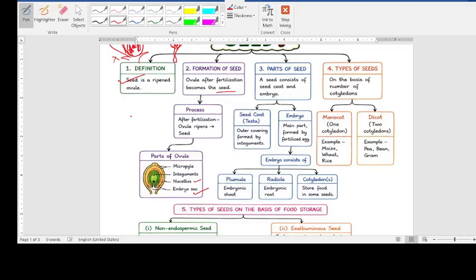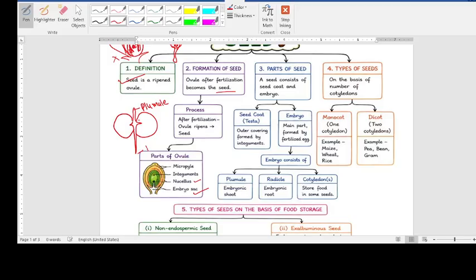So if I draw a rough diagram for you, let's see. This is the plumule and the lower portion is the radicle. This thick structure which I am making, these are called cotyledons. So the upper portion is called plumule.